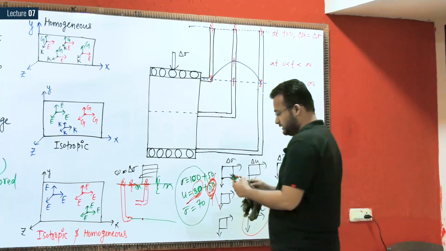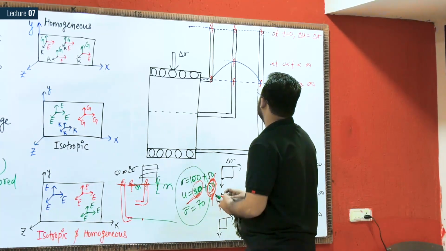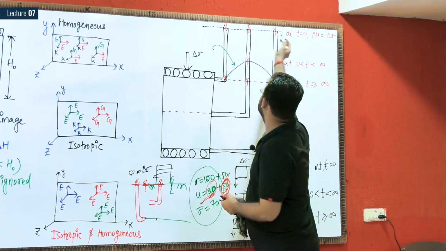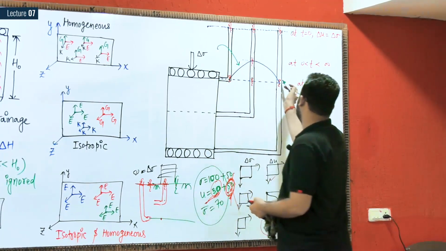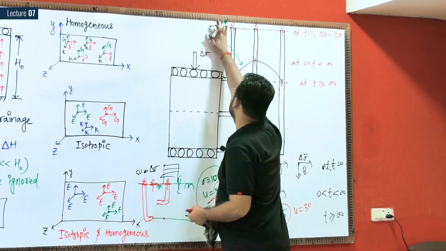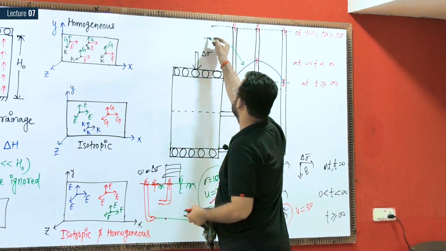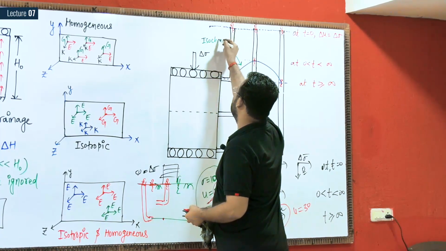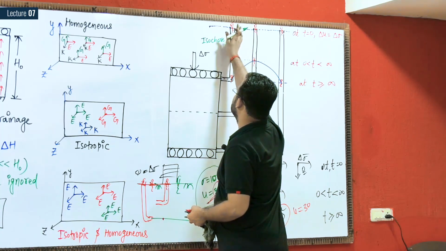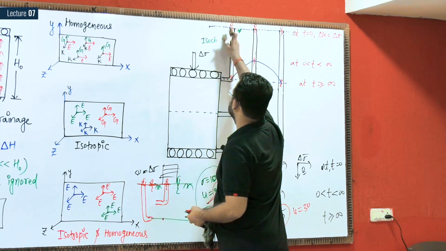So I can say this is your isochron. If you want, I can write this line, this curve, this horizontal line, all are called isochron. For 1 mark it can be asked. Isochrons.